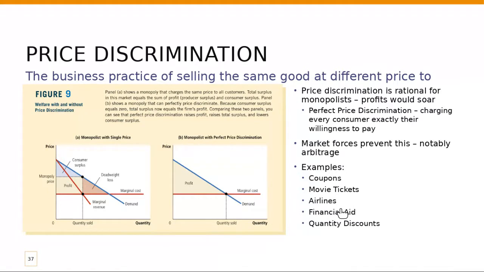However, there are a few examples of price discrimination that are completely legal. Coupons, for example, are a form of price discrimination because not everyone cares to go to the effort of clipping coupons, and so the people willing to go to the effort to save, that's a way of firms attracting those people. Similarly, movie tickets, what are the cheapest tickets? Yeah, matinees. Those are like 12 o'clock, 1 o'clock. Who can go to matinees?